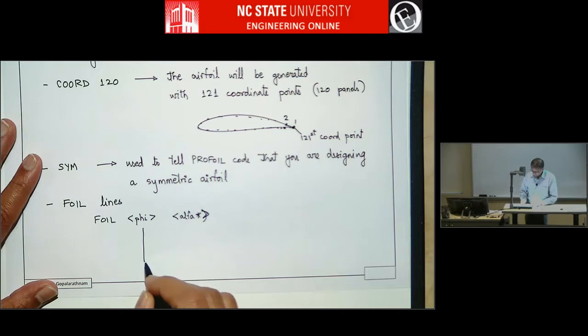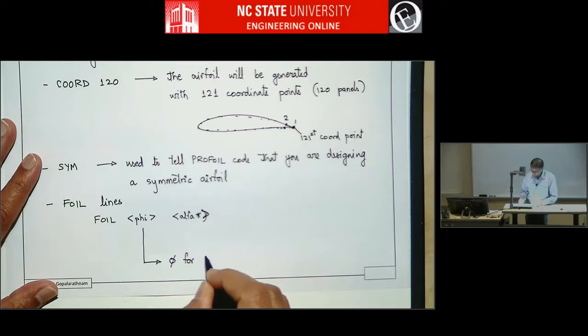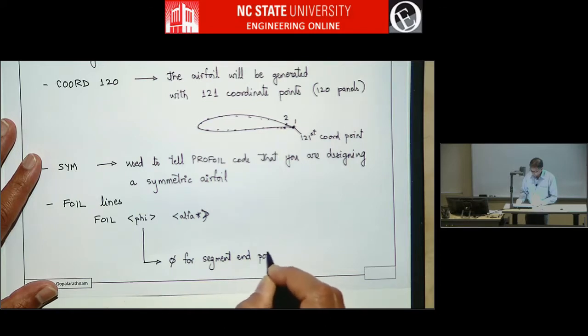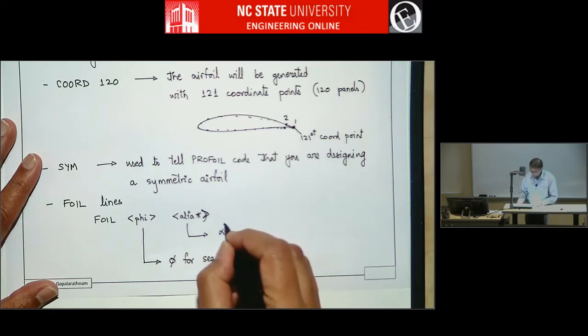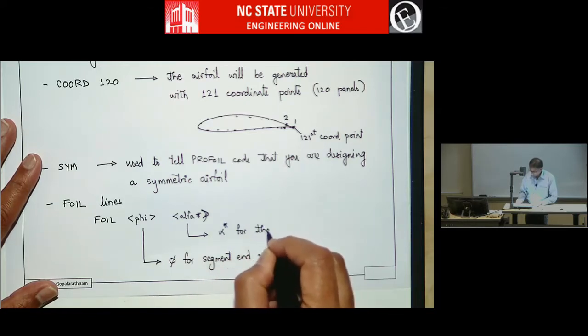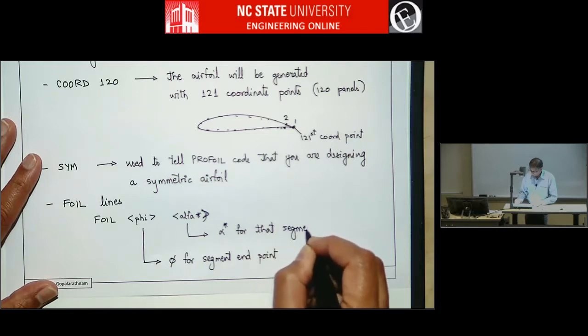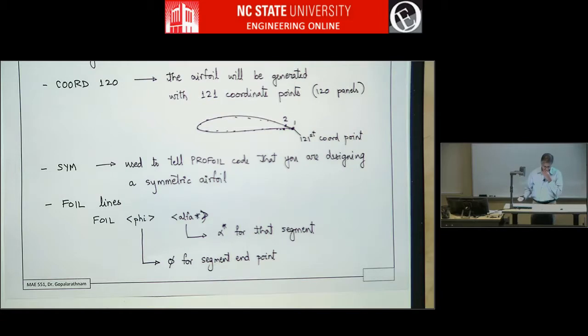Now the phi is the phi for the segment endpoint, and the alpha star is really the alpha star for that segment. So you have to somehow tell the code that you're dividing the airfoil into so many segments. First segment has got phi of so much, alpha star so much, second segment, third segment, fourth segment, like that.